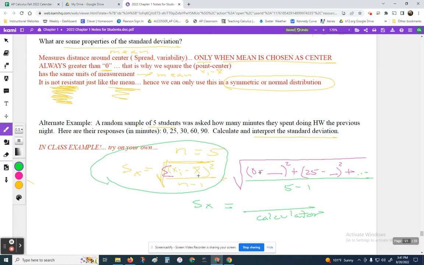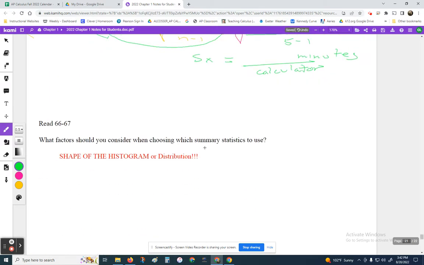I know the formula means the first data point minus my x bar squared plus the second data point minus my x bar squared, and then dot, dot, dot, I'm letting the calculator do the rest of the work. So all you would do is put your answer here, and remember, this would be in minutes, and then we'll interpret it in class. Okay? All right, guys, this will be kind of what we're doing here.